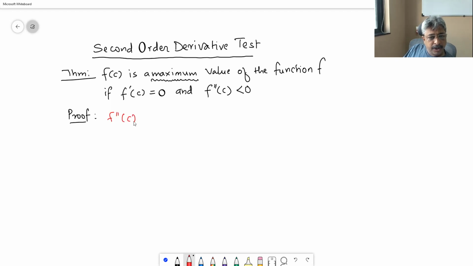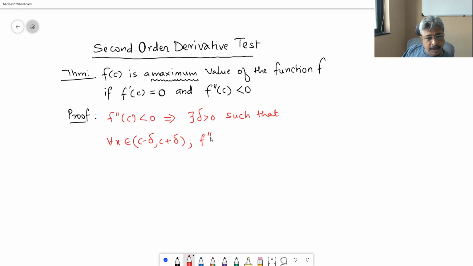f double dash of c is less than 0 implies there exists delta greater than 0 such that for every x belonging to c minus delta to c plus delta, f double dash of x is less than 0.